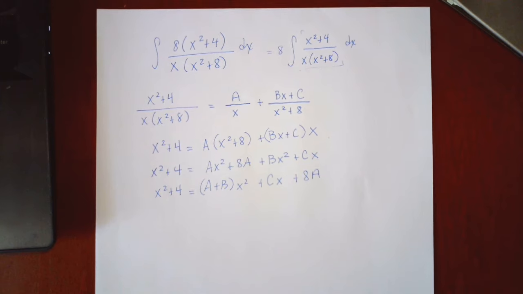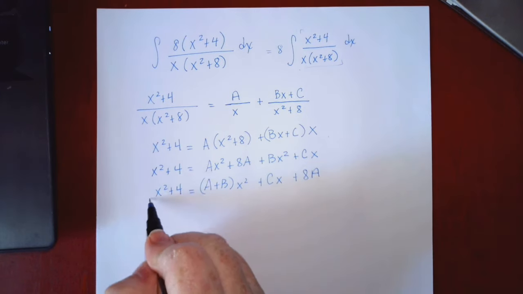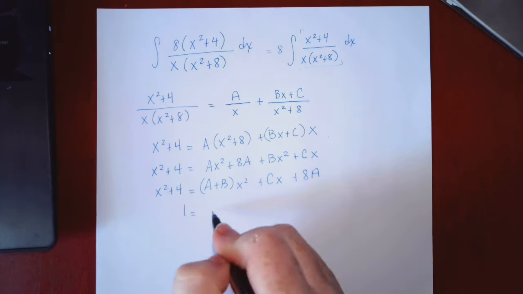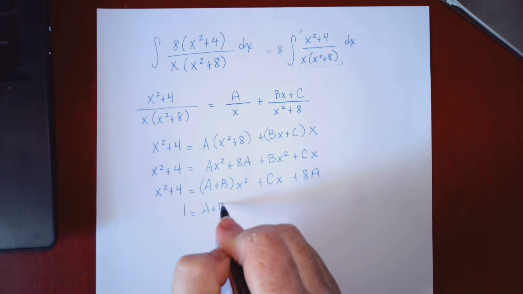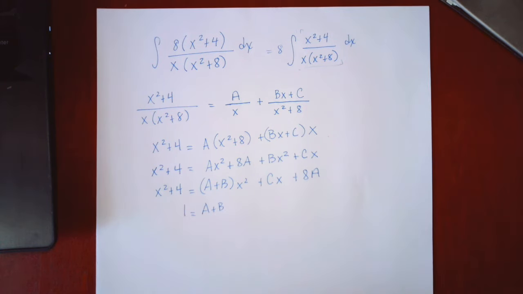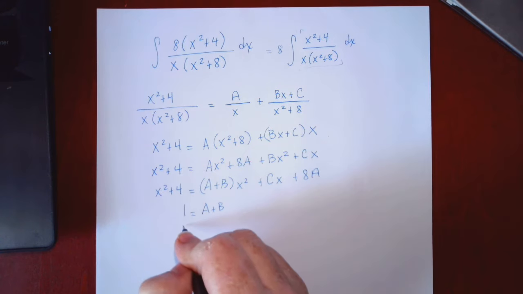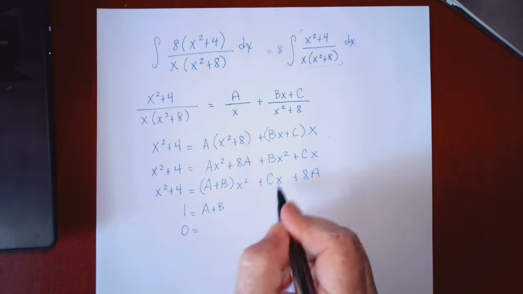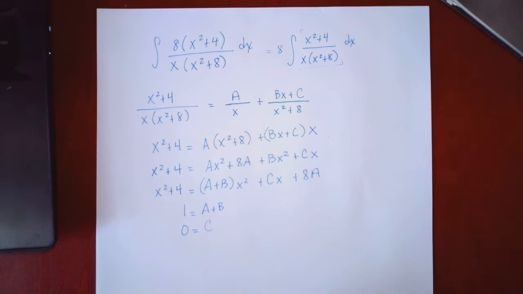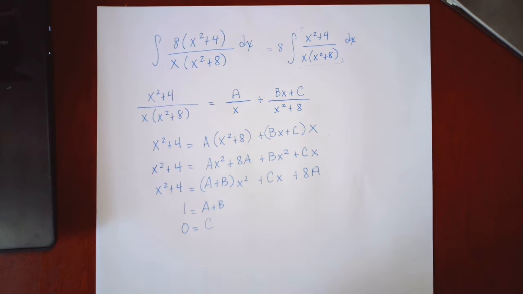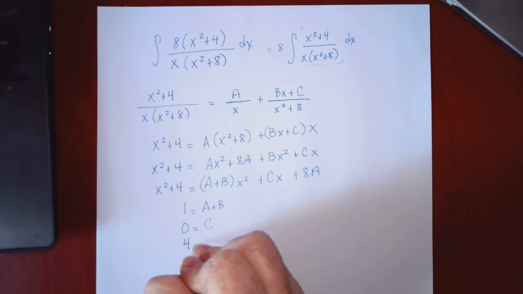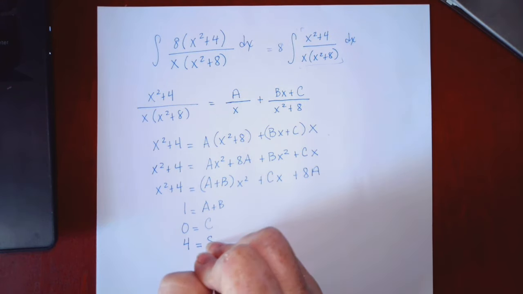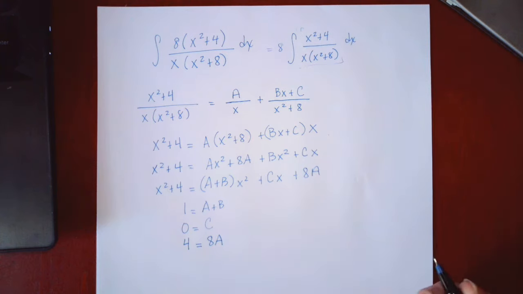If we equate our coefficients, I have 1x squared on the left, and I have a plus b x squareds on the right. I don't have any x's on the left here, so that would be 0 x's on the left, and I have c x's on the right, so immediately I know that c is 0. And the constant on the left is 4, and the constant on the right is 8a.